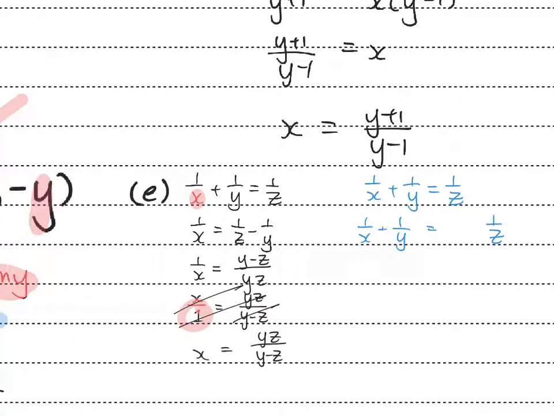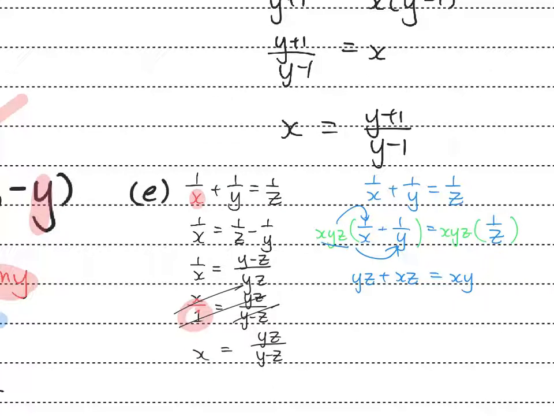The LCM of them will be xyz. So I multiply both sides by xyz. Let's see what happened. Now xyz will be distributed into the two terms inside the bracket. The first term will have yz remaining. The second term, xz. On the right hand side, we got xy.